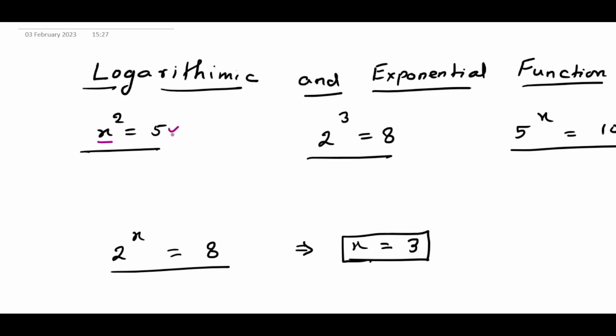This is the output, and the input is the power 2. And 2 power 3 is equal to 8: 2 is called base, 3 is called power or exponent, and 8 is the result we get.